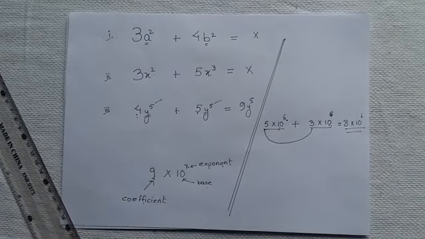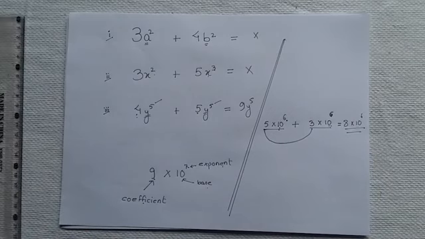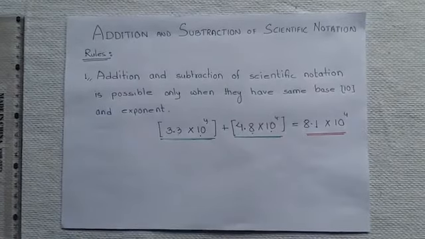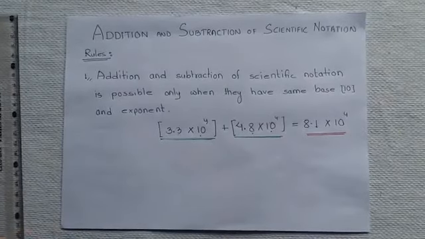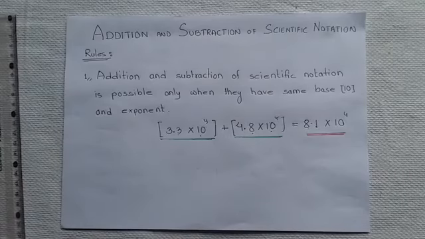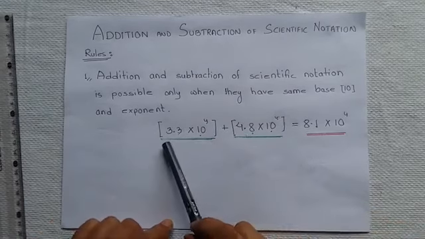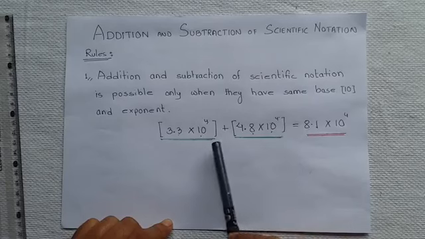And now let's see what are the rules to be followed while adding and subtracting scientific notation. Rule number 1. Addition and subtraction of scientific notation is possible only when they have the same base and exponent. So the rule number 1 says two scientific notations can be added if they have the same base.